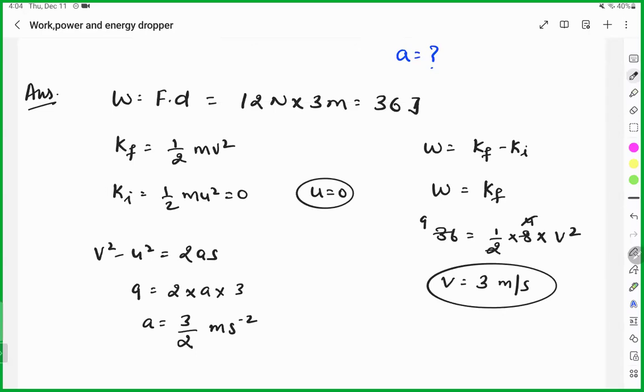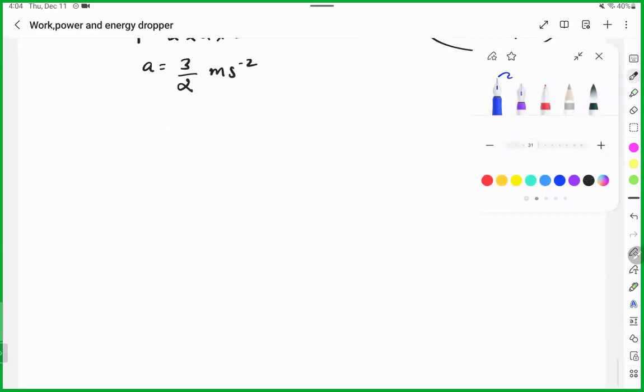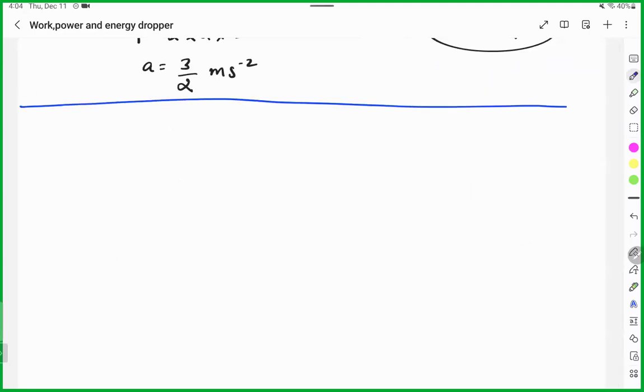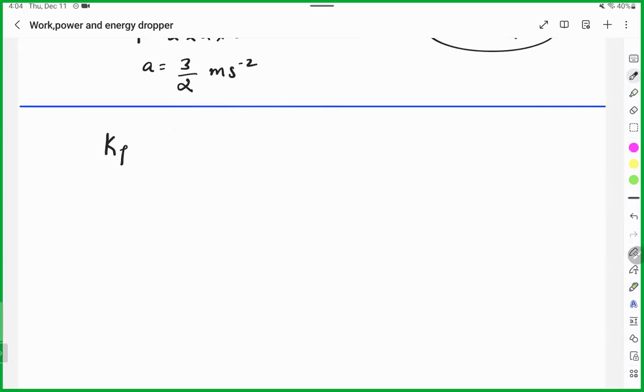This is when force is constant and overall work done is constant. But you can also calculate variable work done. Correct? There could be variable force or displacement also. So you calculate variable work done. So it will be the same: final kinetic energy minus initial kinetic energy. Work done could also be the integral of F dot dx from initial position to the final position. Correct? Same thing.